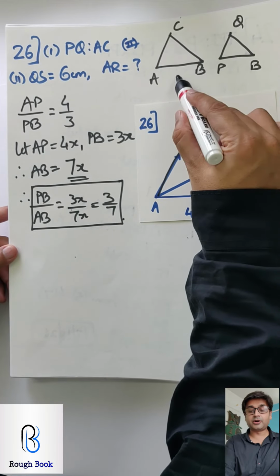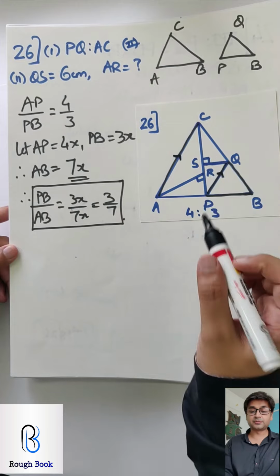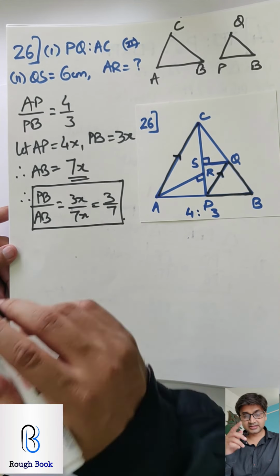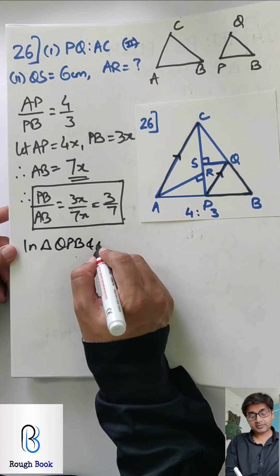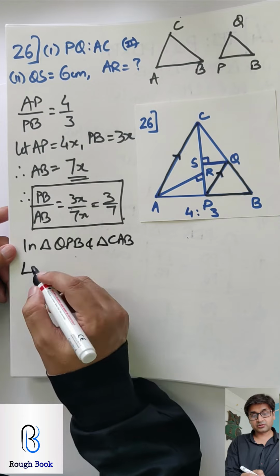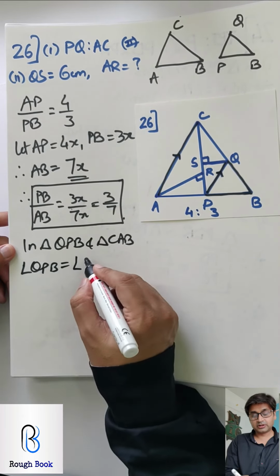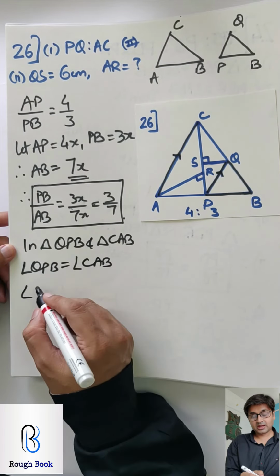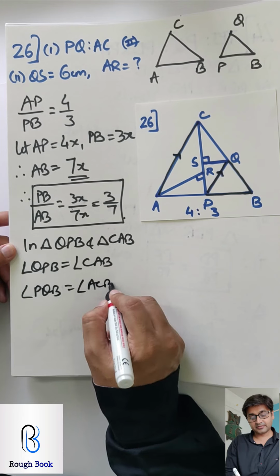Now that you know PB upon AB, jump into these two triangles, lines are parallel. So you can use corresponding angles and prove the two triangles similar. So let's do it. So in triangle QPB and triangle CAB, this one and this one. First one I will say angle QPB equals angle CAB. Then angle PQB equals ACB.